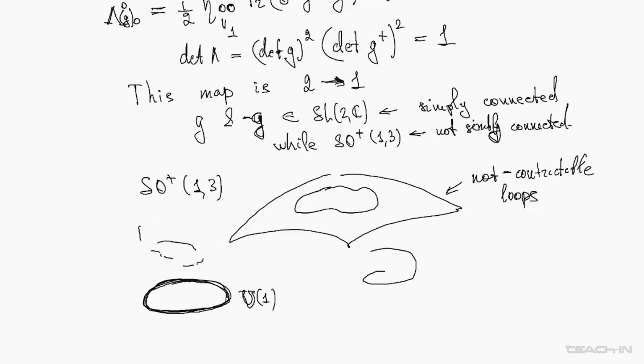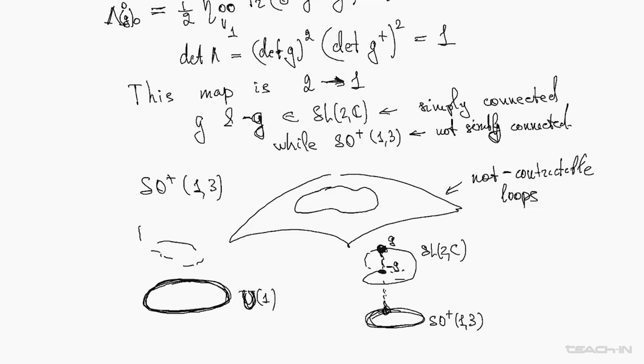The 2 to 1 map means that two elements of SL(2,C) are mapped to one element of SO+(1,3). So this would be my SL(2,C), which is this double cover. And two elements, say the matrix G and the matrix minus G, are mapped to one and the same matrix Lambda(G) of SO+(1,3).